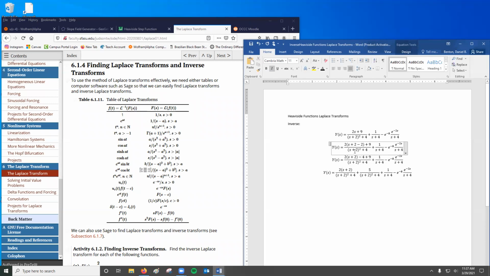Let me show you why. Equals 0. Equals -4. s plus 2 equals plus or minus 2i. Oh, there we go. You see that?